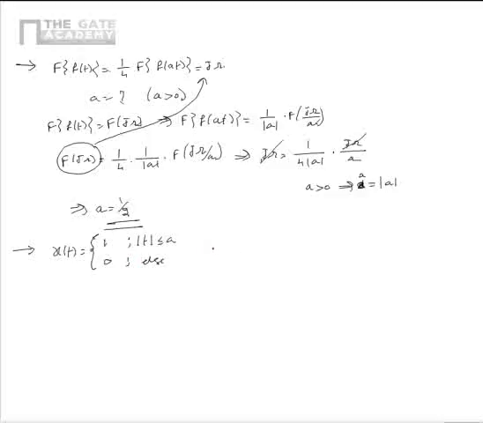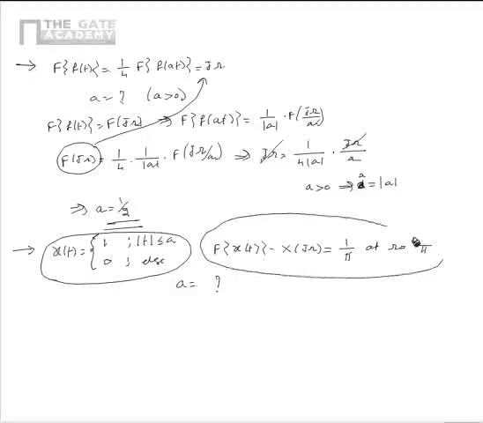It's also given that Fourier transform of x of t, X of j omega, is equal to 1 by pi at omega equal to pi. We have to find the value of a satisfying this relation. So as per this problem, Fourier transform of x of t takes a value of 1 by pi at omega equal to pi. We have to find the value of a satisfying the given relation.